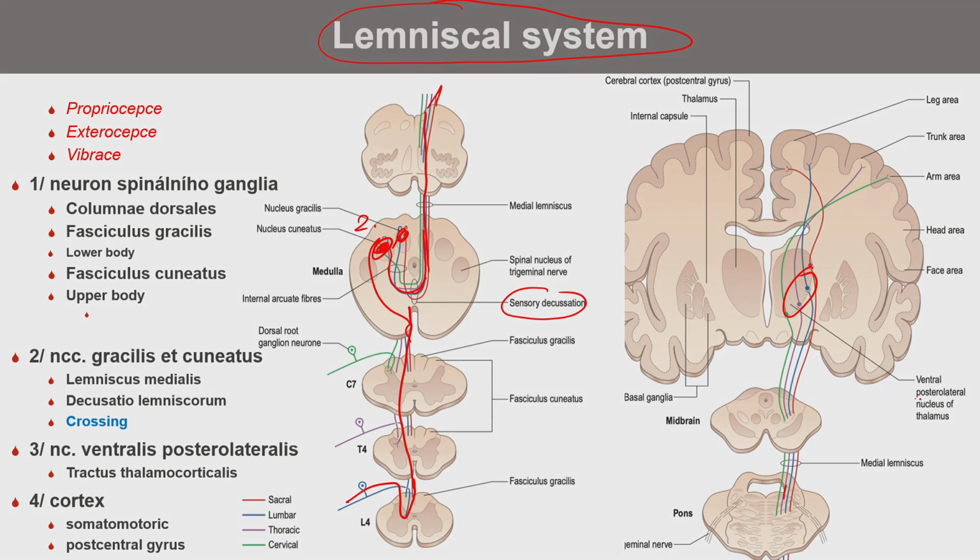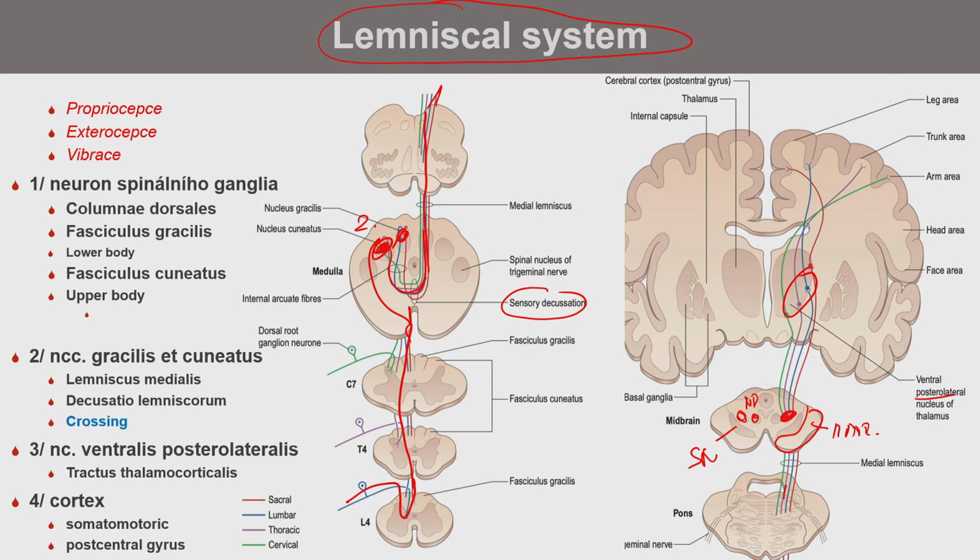This is the ventral posterolateral nucleus of the thalamus. Where is the lemniscus localized? It's localized here. This is the substantia nigra, and this is the nucleus ruber. So the lemniscus is in the middle of them here. What is here? This is motor.